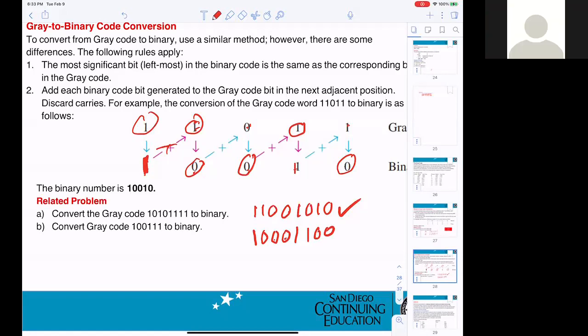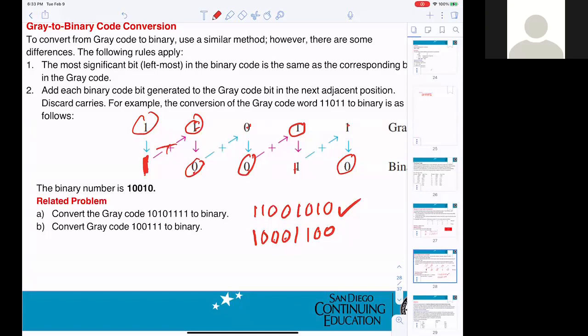Now, Mr. Tai, you do know that you're finding the gray number to the answer of the original question. You're not doing it to the original binary. You get binary, you can get the gray code, right?